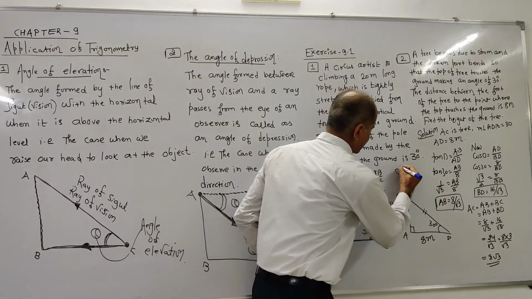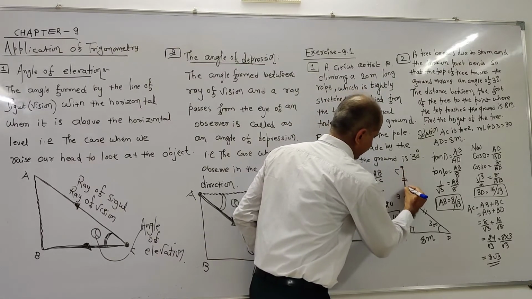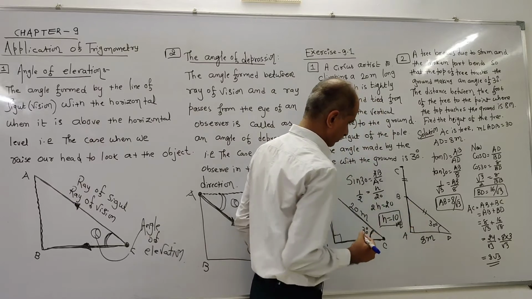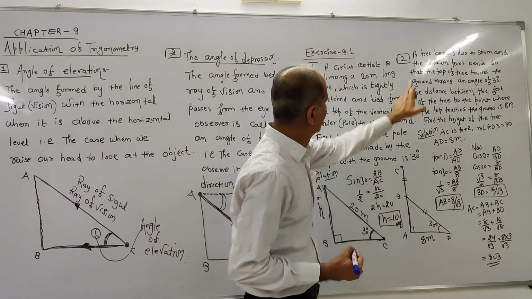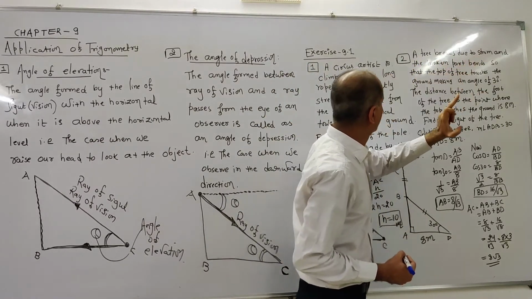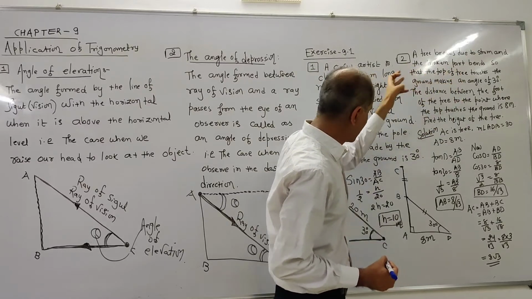For example, AC is a tree. A tree breaks due to a storm and the broken part bends.